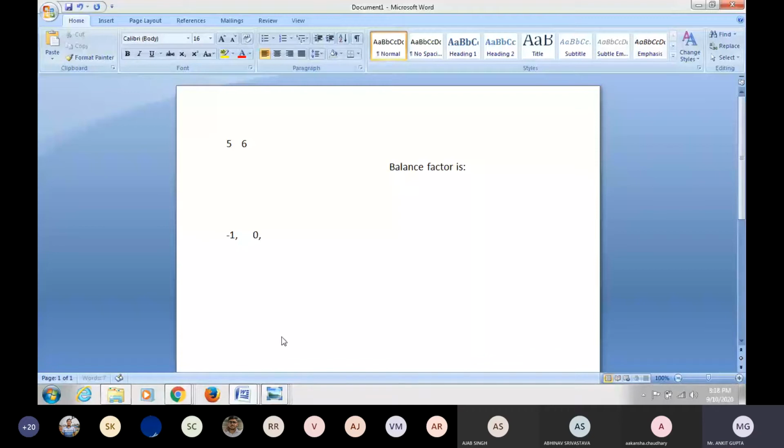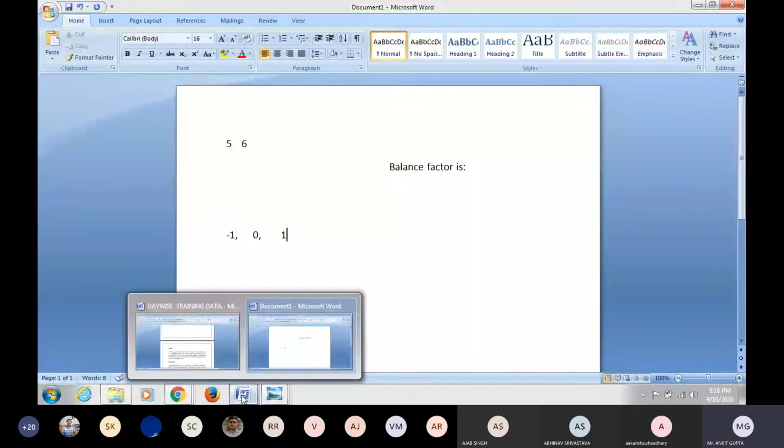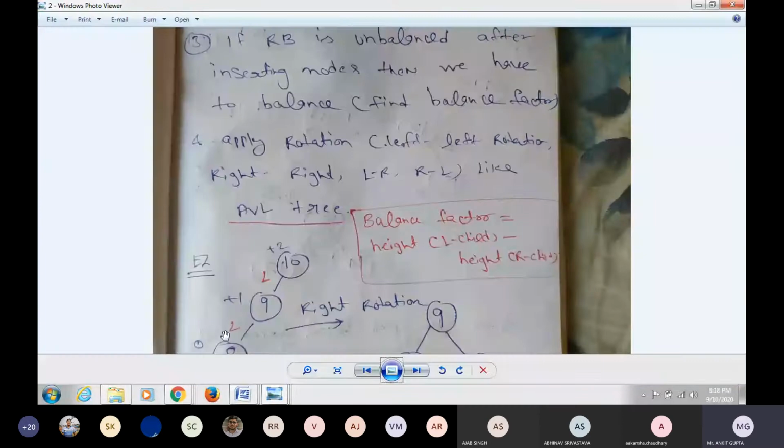If after finding the balance factor, that is height of left subtree minus height of right subtree, the balance factor is -1, 0 or 1, then it is okay. It is balanced. You don't need to rotate.